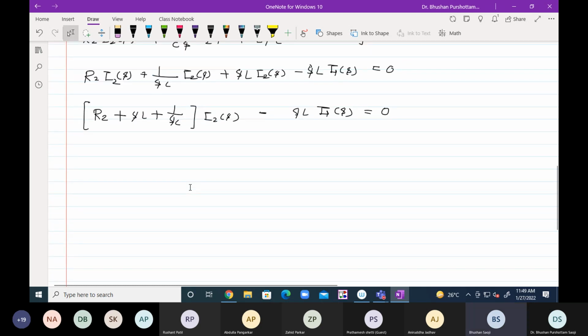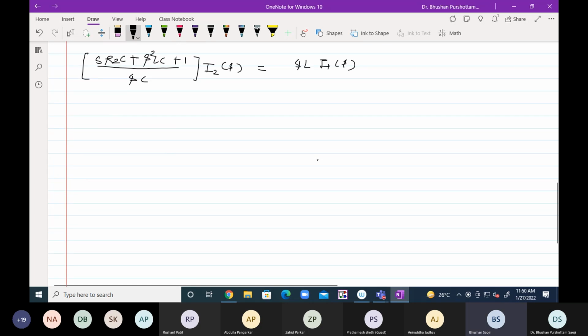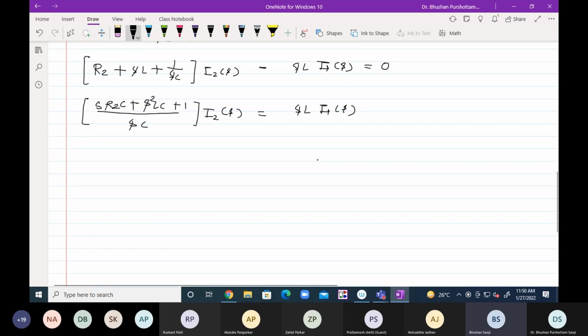Now this we can write down as S into R2 into C plus S square LC plus 1, divided by S into C, times I2 of S, equals S into L I1 of S. This we get.